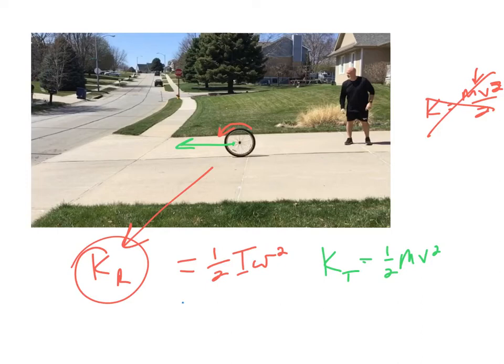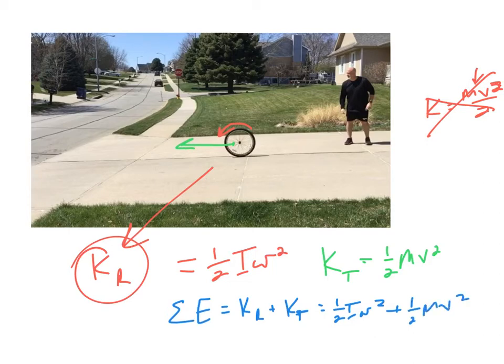So if we were to determine the total energy of that wheel at this moment, we would have to include not just the rotational energy, but also the translational energy. And if I needed to, I could expand that even more into the terms that make each of those up.